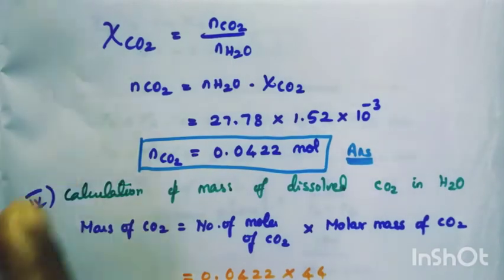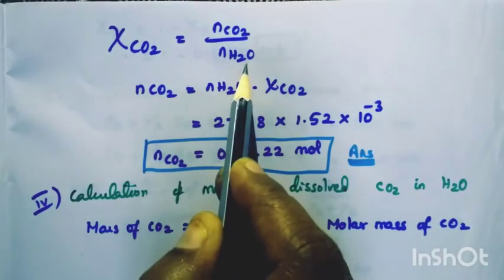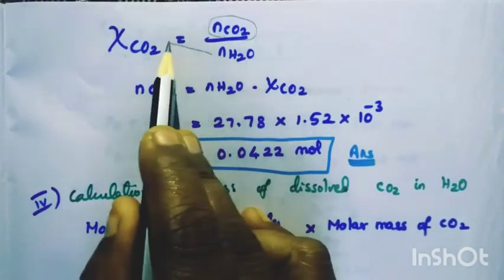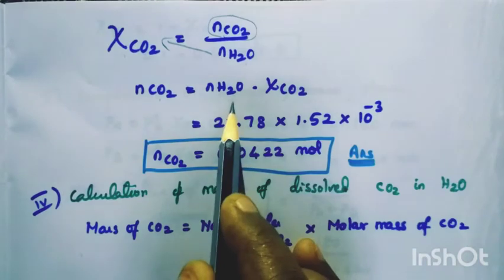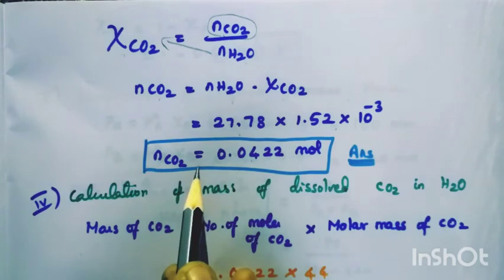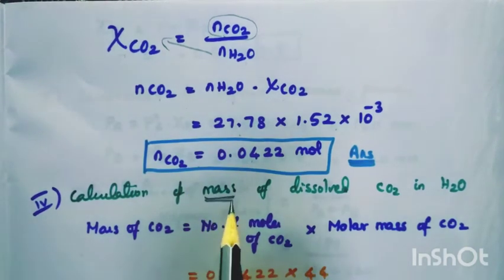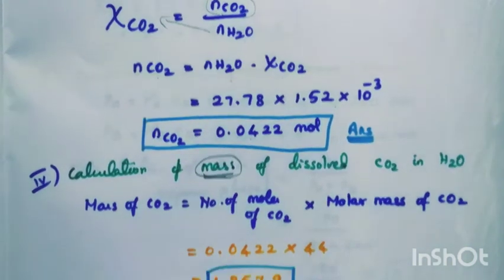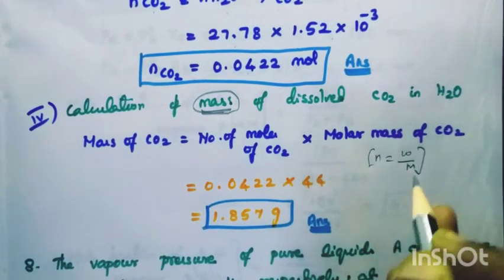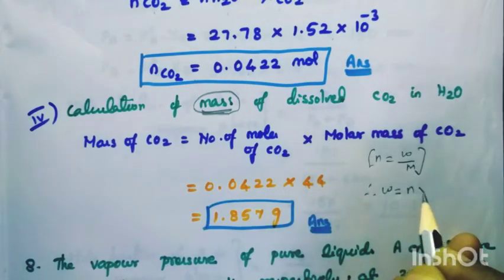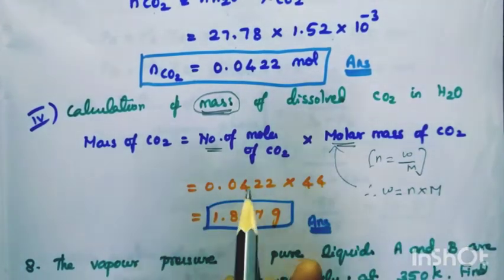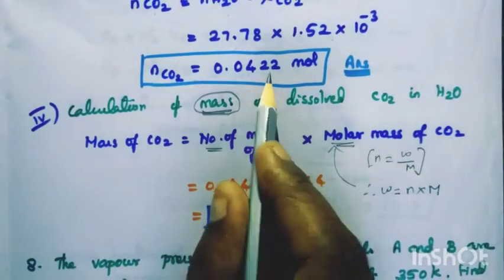Mole fraction can be written as NCO2 by NH2O. We need the number of moles of carbon dioxide first. So number of moles is equal to XCO2 into NH2O. NH2O we found, X value we also found, so we can calculate NCO2. We need the quantity, so mass. We know N is equal to W by M, therefore W is equal to N into M. N value we found.